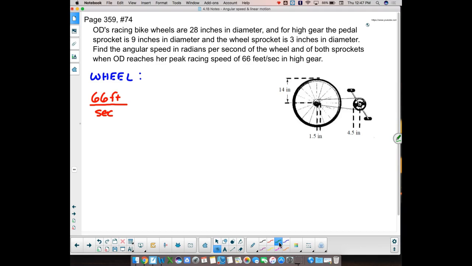So I got to first get them into inches. 1 foot is 12 inches. Now I can say that 1 radian or 1 radius is 14 inches.